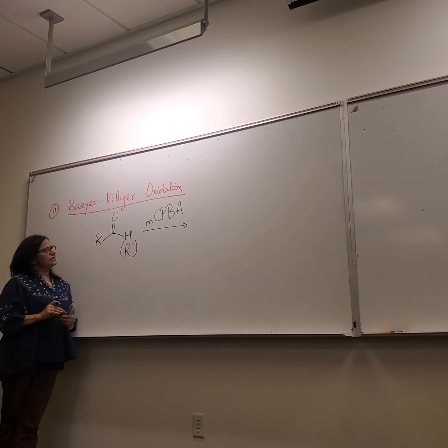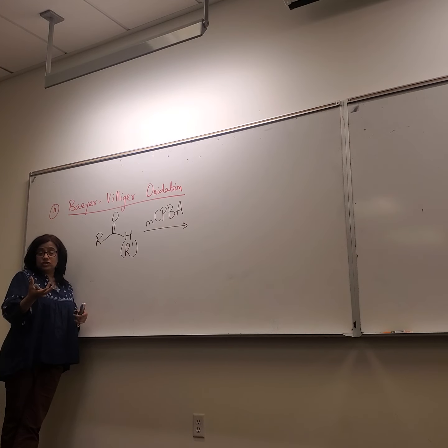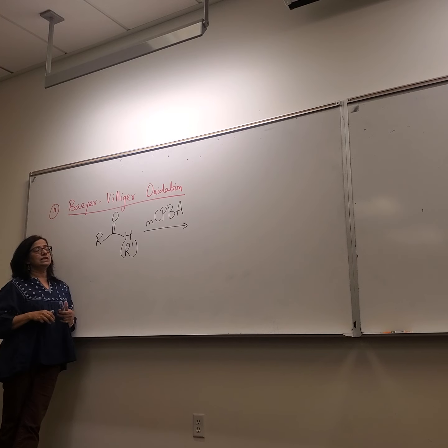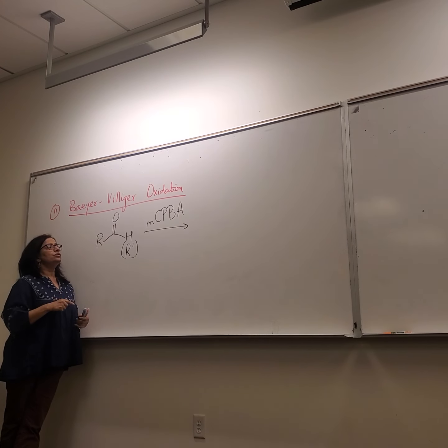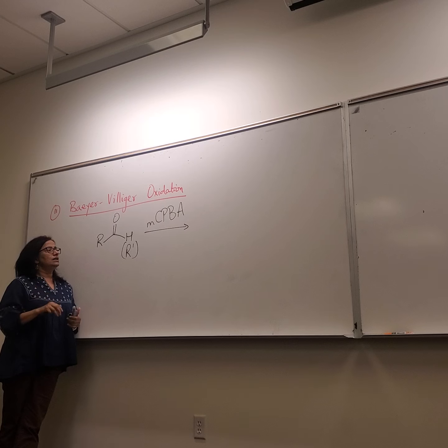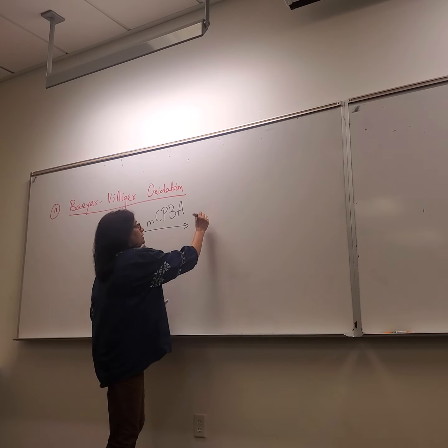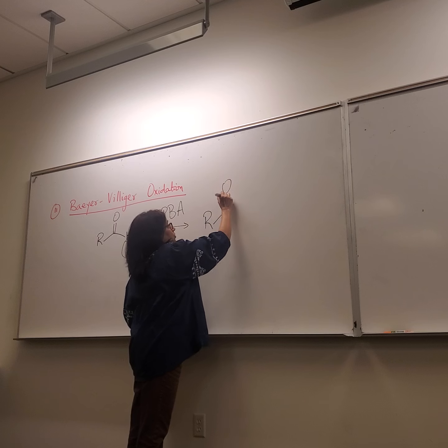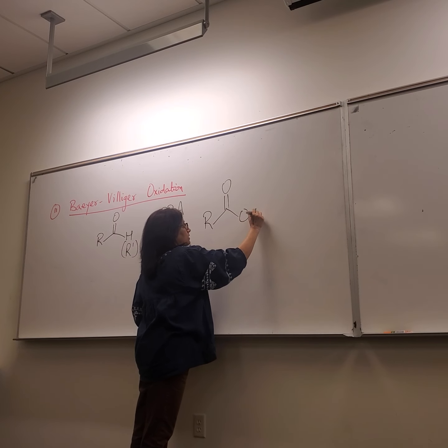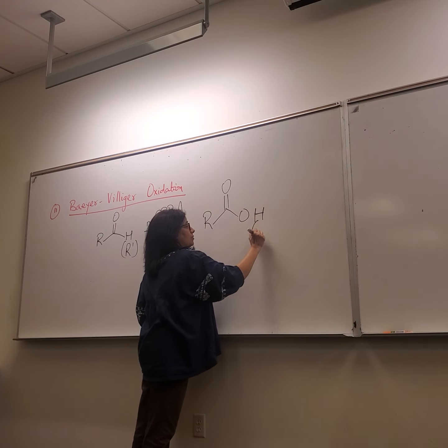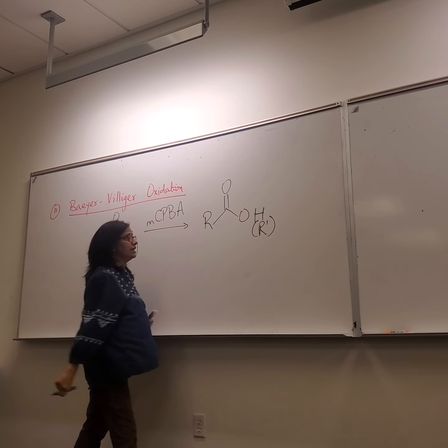In what context have we seen it before? Epoxides. Exactly, right? It's giving us an oxygen atom to make epoxides from alkenes in that sense. Here also it's going to give us an oxygen atom to convert an aldehyde or a ketone into either a carboxylic acid or an ester.